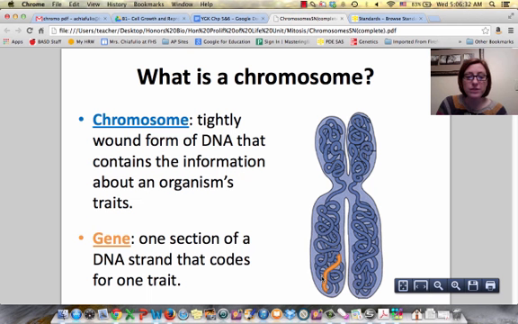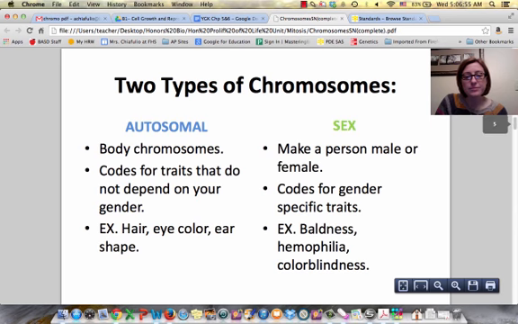So it's important to understand the relationship there. Chromosomes are large segments of DNA that are coiled and bound together in an organized fashion, but genes are small sections of DNA within each chromosome that code for a particular trait. So we're sort of getting a hierarchy here.